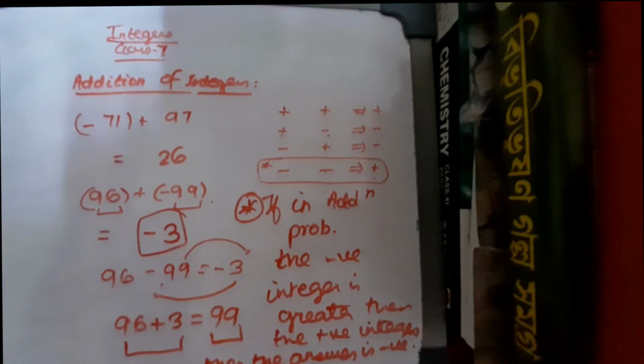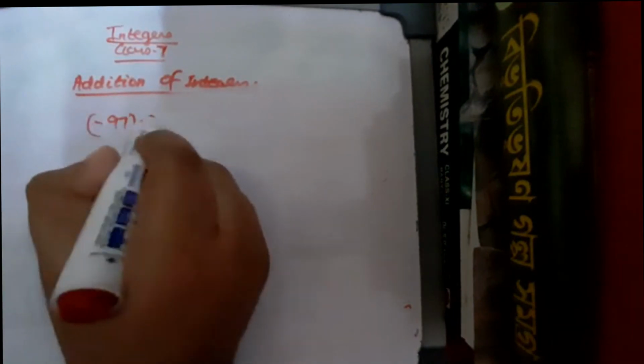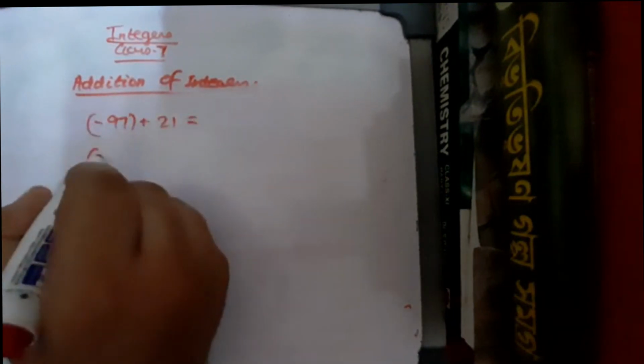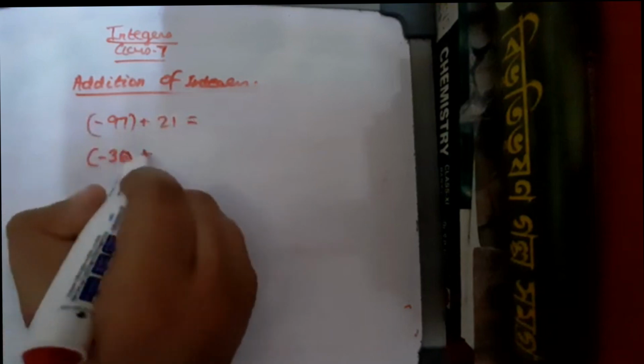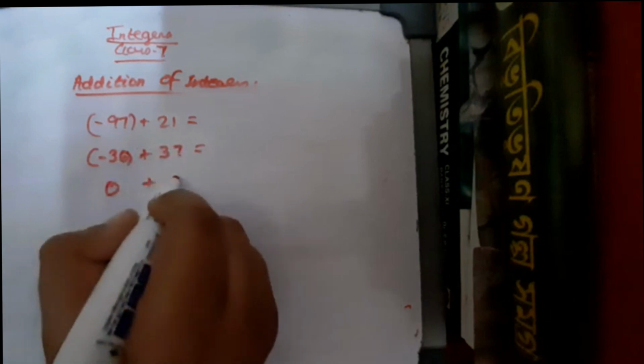So now let me take some other examples to illustrate this. You can understand this only by taking lots and lots of examples. So let's say I have to add minus 97 to 21. Let's say I have to add minus 36 to 37. Let's say I have to add 0 to 0.